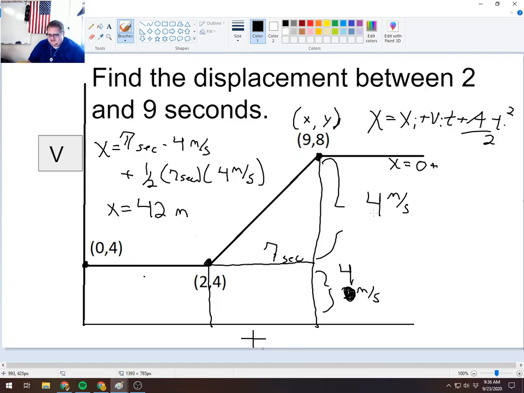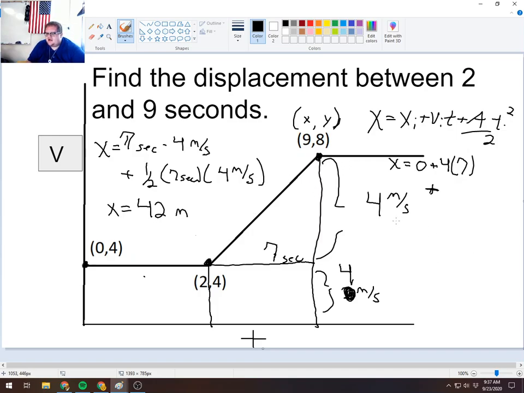Plus the initial velocity here is again x comma y. Y values or velocities is 4. Times the time, how long is it? It goes from 2 seconds to 9 seconds, so that's 7 seconds. Plus, acceleration. How do I get the acceleration? Remember, the acceleration is going to be the slope of this line right here.